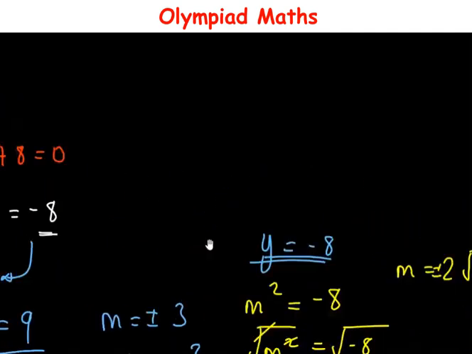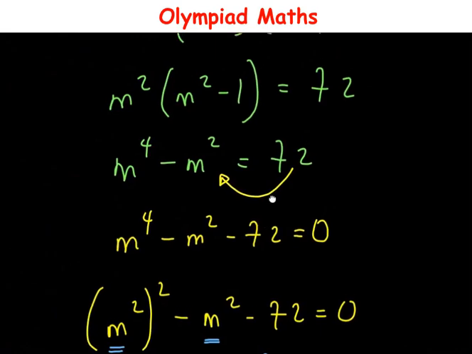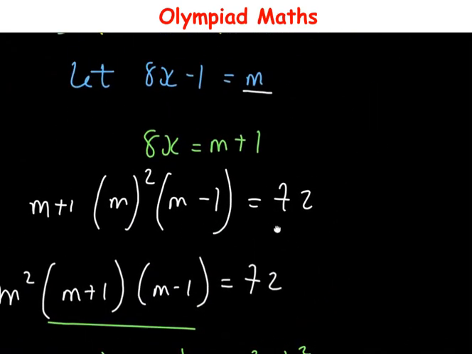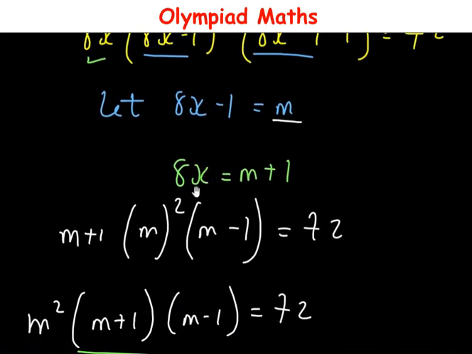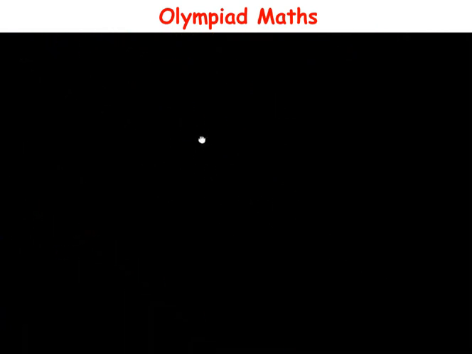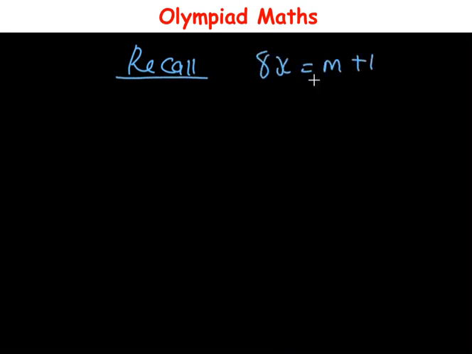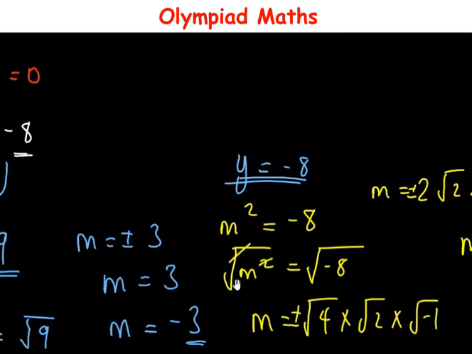But from here, recall that we said let 8x equals m plus 1. Now we have the 4 values of m.